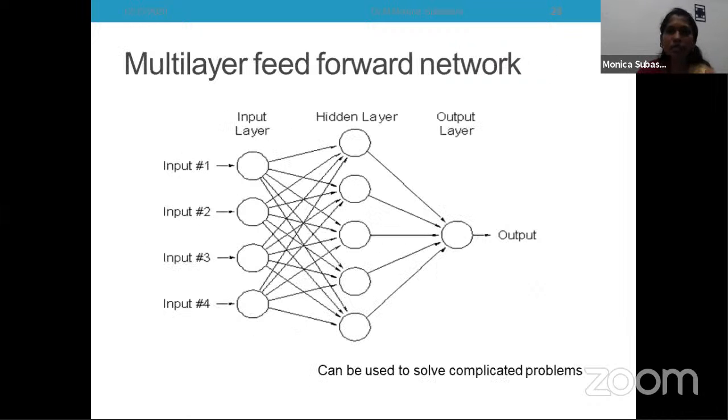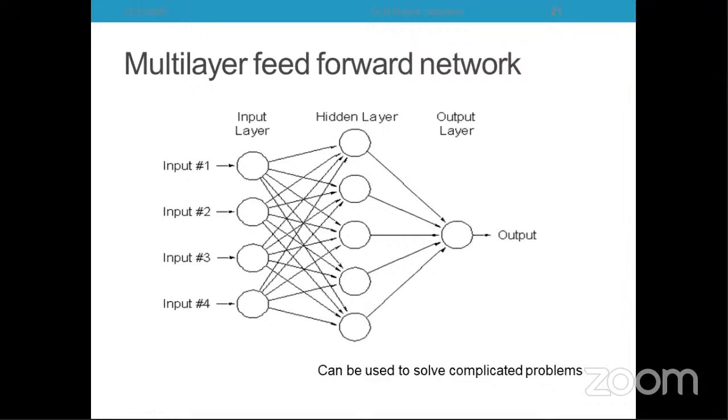Next one is multi-layer feed-forward network. Here, apart from input layer and output layer, we do have a hidden layer. What is the purpose or importance of this hidden layer? It can be used for complicated problems. All the processing calculations are done here in the hidden layer.